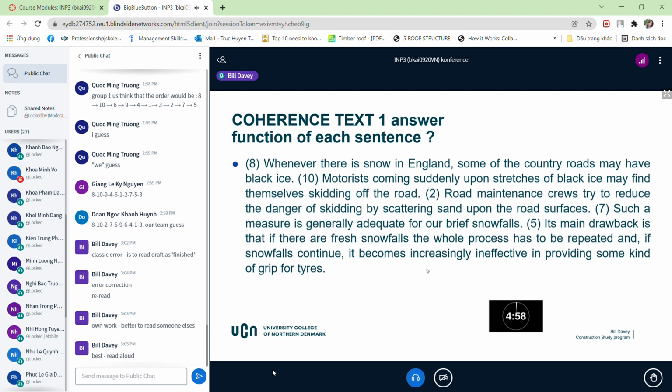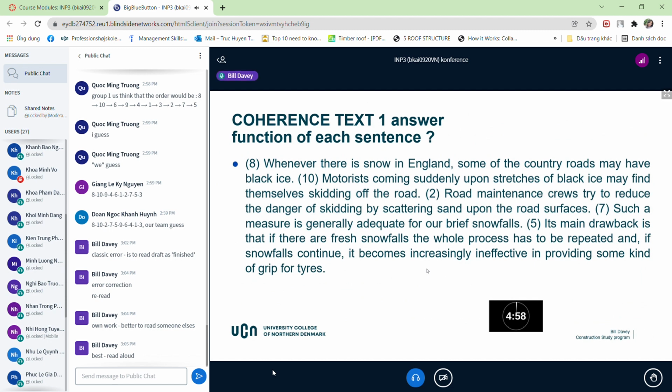Whenever there is snow in England, some of the country roads may have black ice. Motorists coming suddenly upon stretches of black ice may find themselves skidding off the road. Road maintenance crews try to reduce the danger of skidding by scattering sand upon the road surfaces.